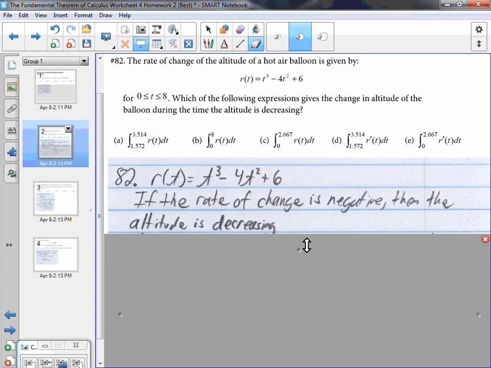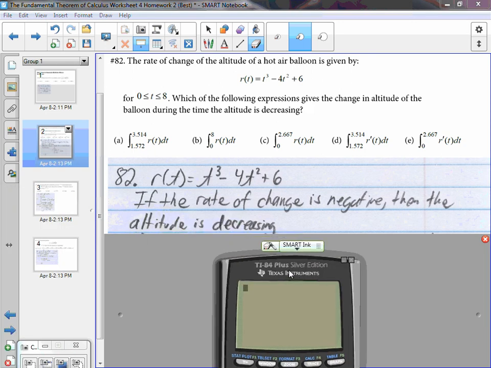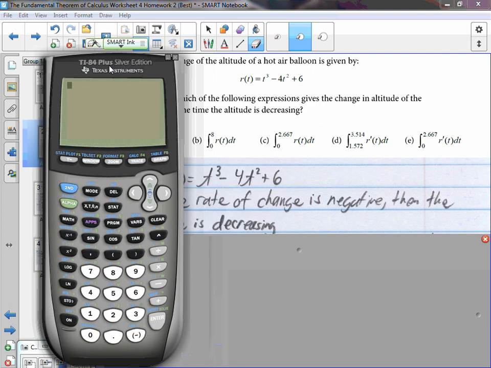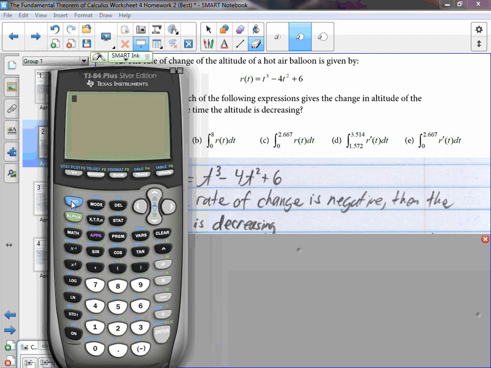I need my calculator. All right, so let's punch in this function for y.